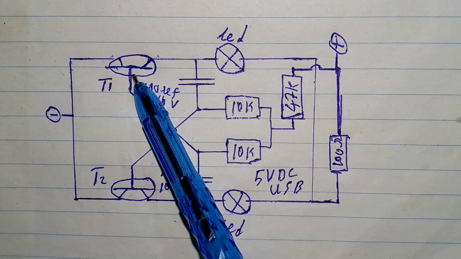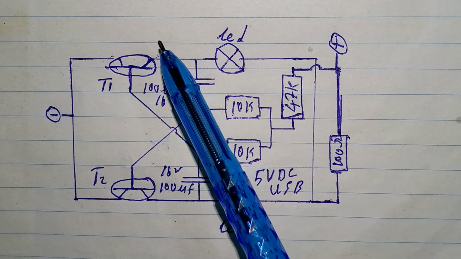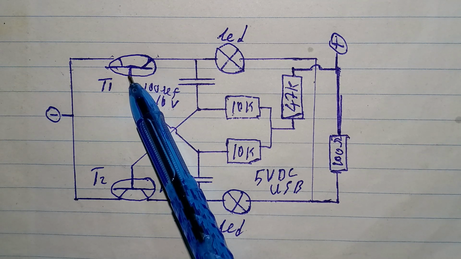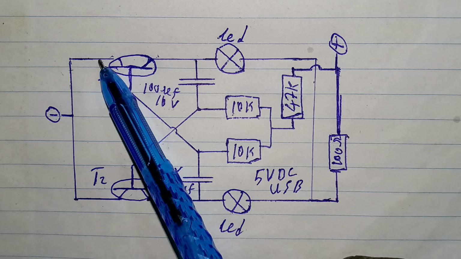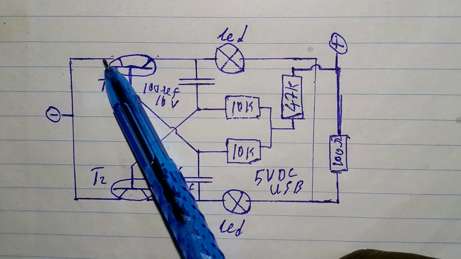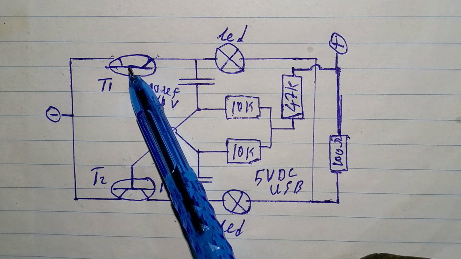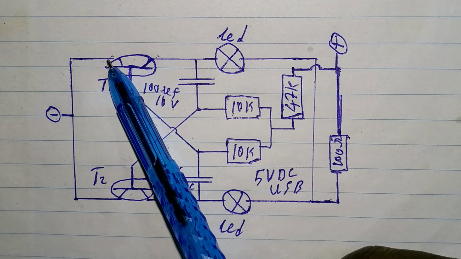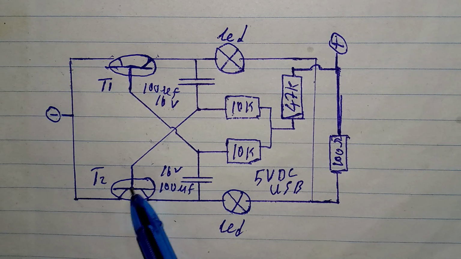As the base voltage decreases, the resistance of the transistor will increase. Now, when you input a voltage here, automatically it goes to the emitter. It's like the base and the emitter are connected together. That is how the transistor looks.